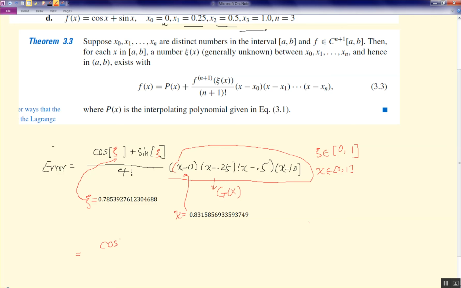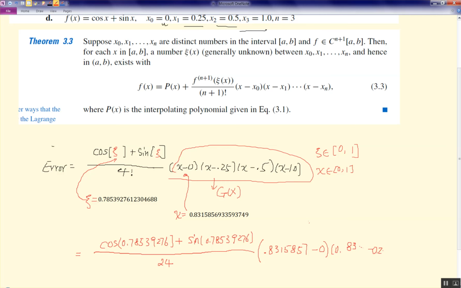My final answer will be cosine of 0.78539, so keep enough decimals, plus sine of the same value, 0.7853976, divided by 4 factorial, which is 24, and times, now here I should use 0.8315857 minus 0, times this x value, 0.8315 and so on, minus 0.25, and 0.83 minus 0.5, and the very last one will be 0.83 minus 1.